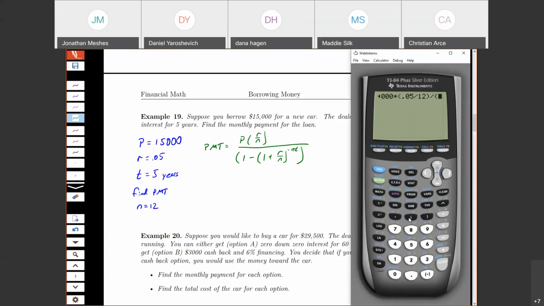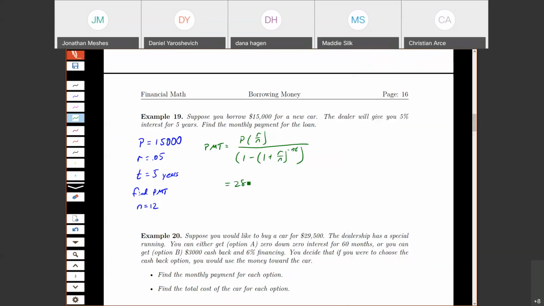And the denominator, I start with a parentheses, 1 minus parentheses 1 plus 0.05 divided by 12, to the power of, and make sure you don't forget the negative, 12 times 5. And then close the parenthesis for the denominator. Okay, so we get 283.07, and as usual, I'm going to just round everything to the nearest cent.